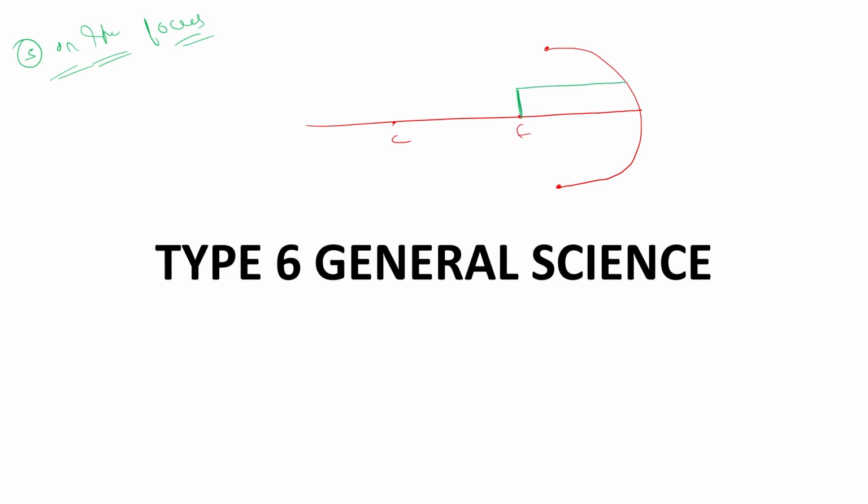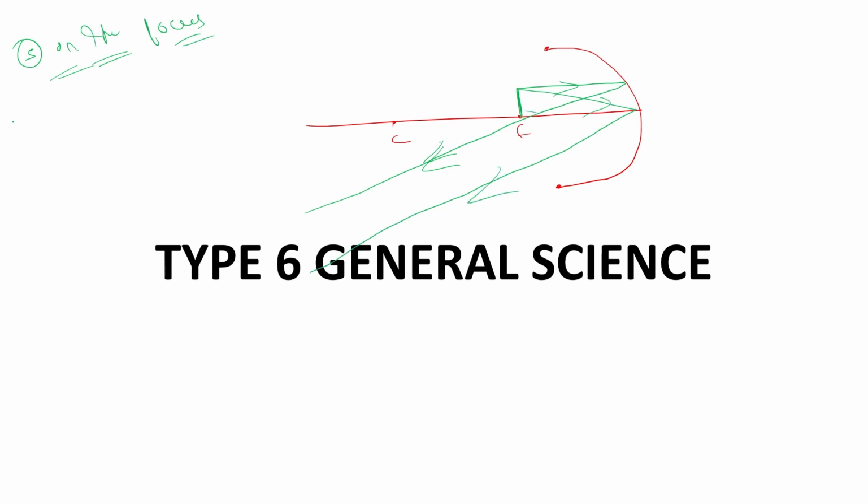So the first ray will go like this. Second ray will go like this. Alright, there is some mistake. The first ray will go like this. Second ray will go like this.